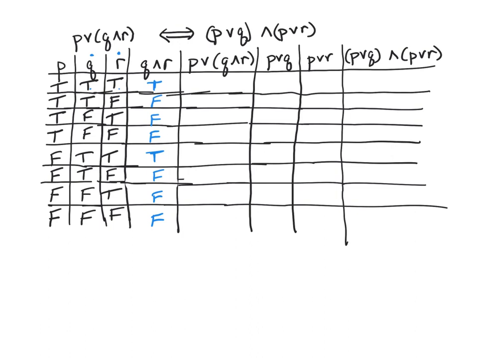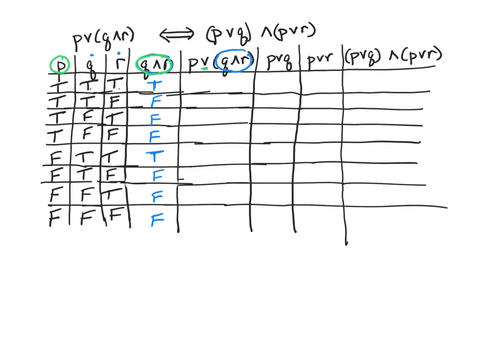Now, I go to the next column, and now what I'll do is I'll look at the Q and R column and combine that with P. So I look at these 2 columns, Q and R and P. And looking at those 2 columns, I have OR. So I know that OR is false when both are false.